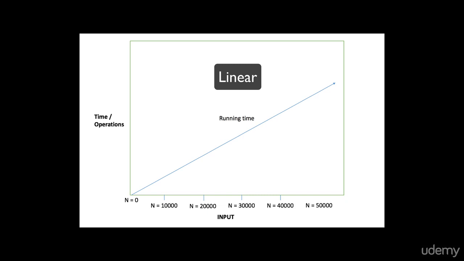Algorithms that iterate an entire list of things once are typically linear. So if the array we pass to our method contains 10,000 elements, the loop would run 10,000 times. If the array we pass is 50,000 elements, the loop would run 50,000 times. Okay? So this algorithm is considered generally efficient. It's not super fast or anything, but it's acceptable.